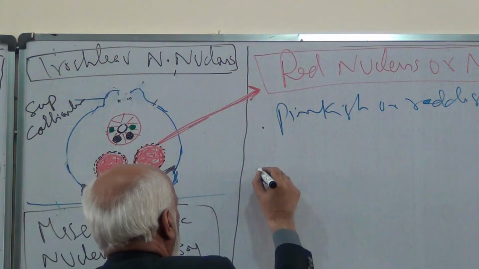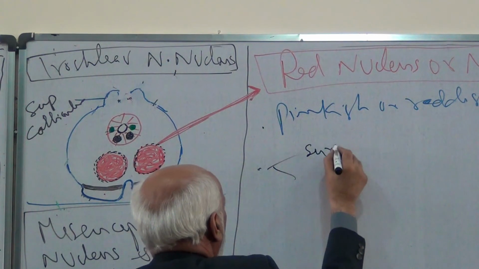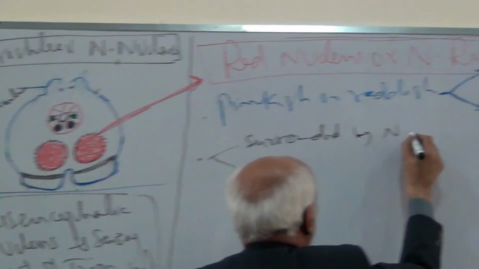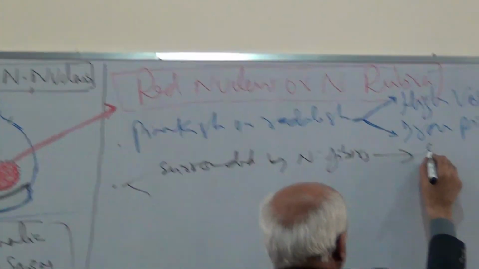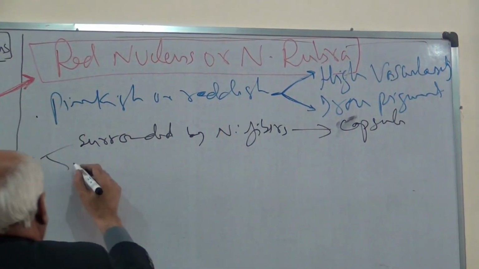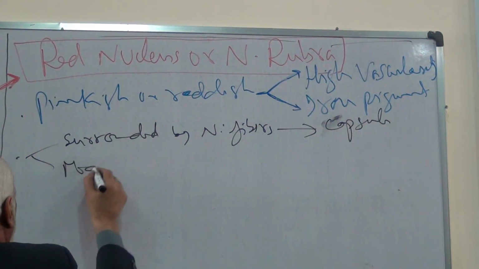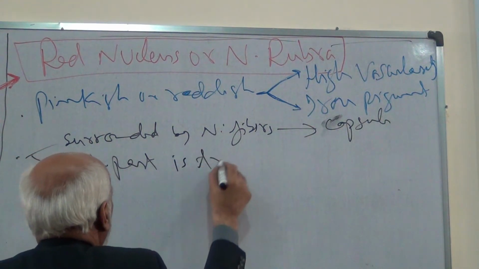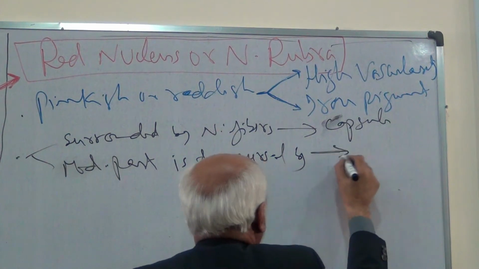Each red nucleus is, number one, surrounded by nerve fibers forming a sort of nervous capsule, not connective tissue, around it. Second, its medial part is traversed by fibers of the oculomotor nerve.